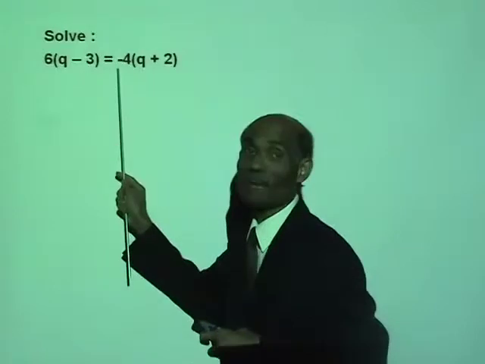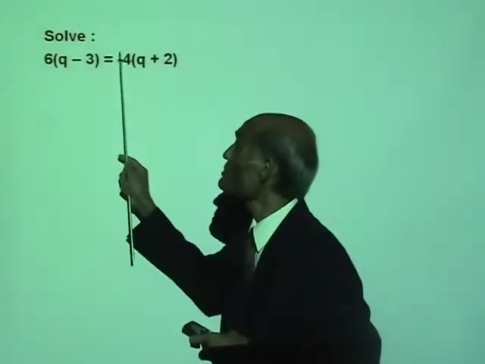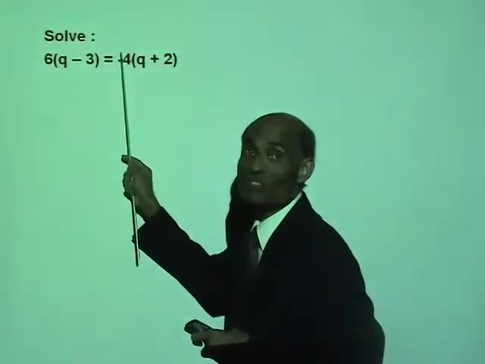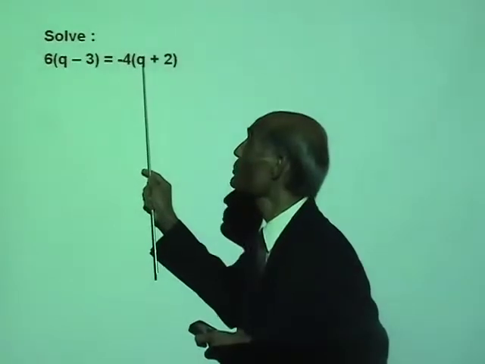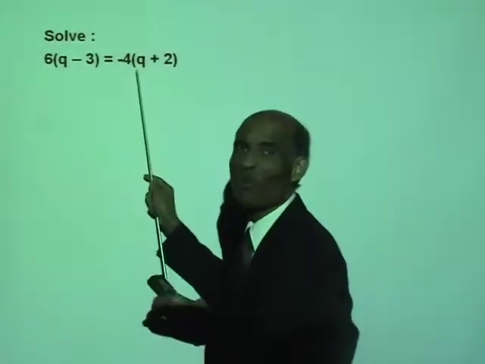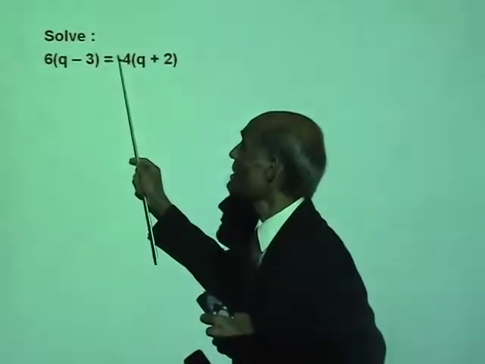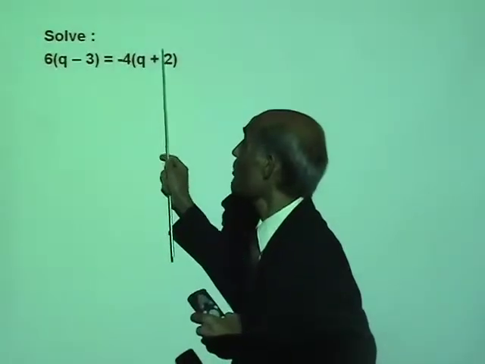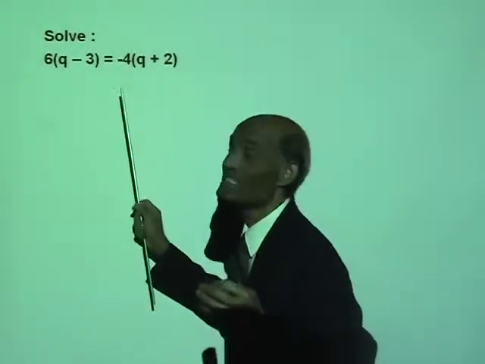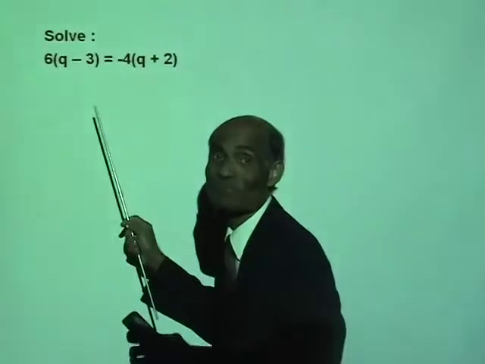On the right side, distribute the negative 4. Negative 4 times q is negative 4q. And negative 4 times positive 2 is negative 8.